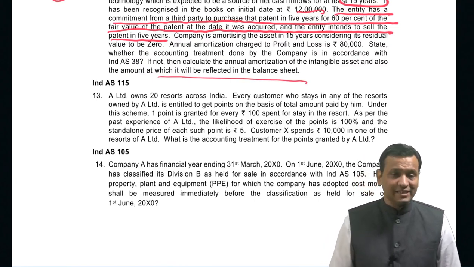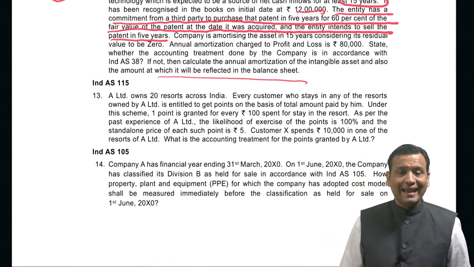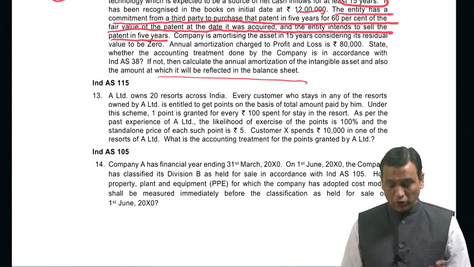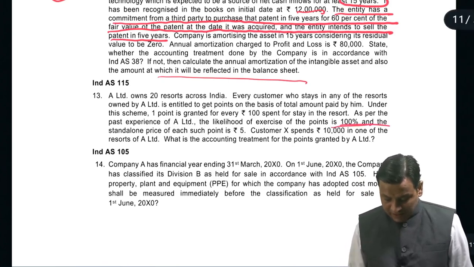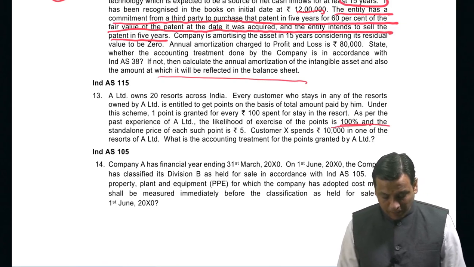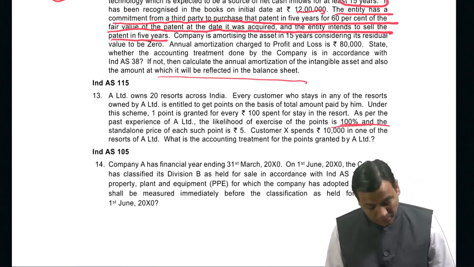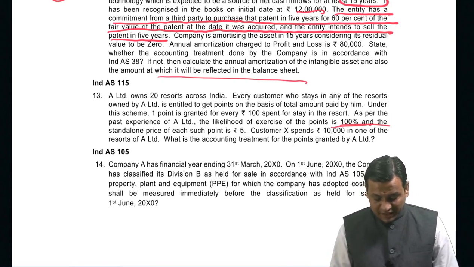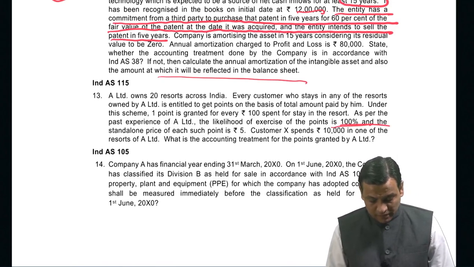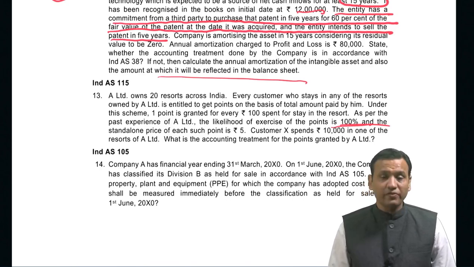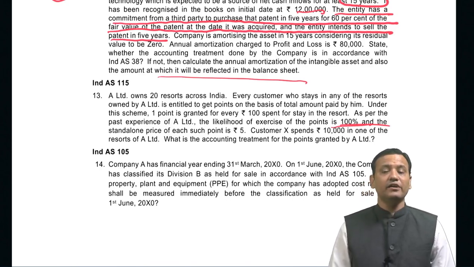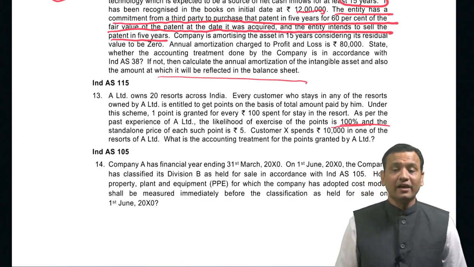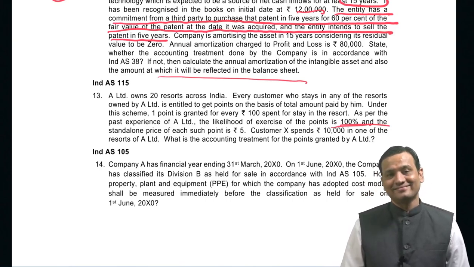As per the past experience of A Limited, the likelihood of exercise of these points is 100%, and the standalone price of each point is ₹5. Customer X spends 10,000 in one of the resorts of A Limited. What will be the accounting treatment for the points granted by A Limited?